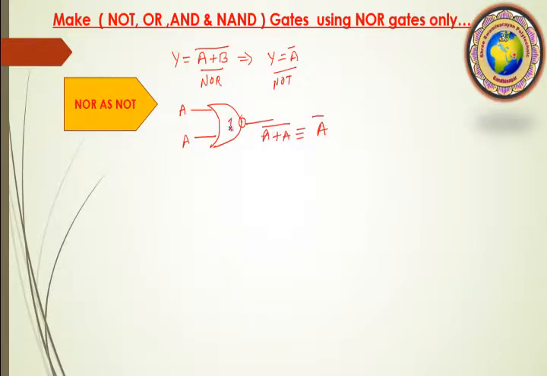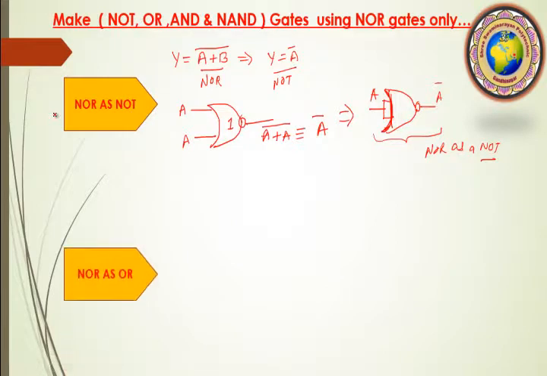So using this single input in a NOR gate we can convert it: a is converted to a bar. So this is our first gate, NOR as a NOT. Whenever we require a NOT gate, we can draw it in NOR form.